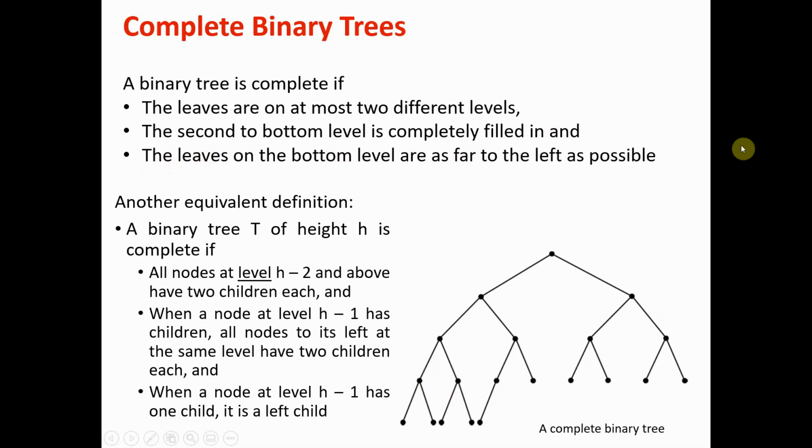And the last one, which is also very important, is saying that the leaves on the bottom level are as far to the left as possible. So these 5 leaves at the bottom level are as far to the left as possible. If these leaves were somewhere here, this wouldn't be a complete binary tree.